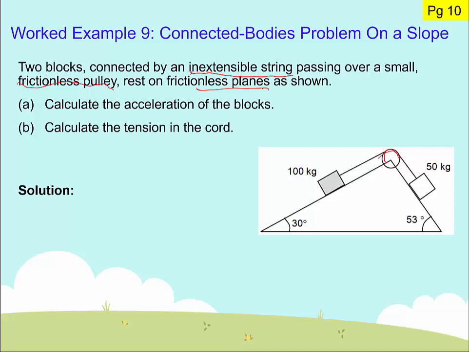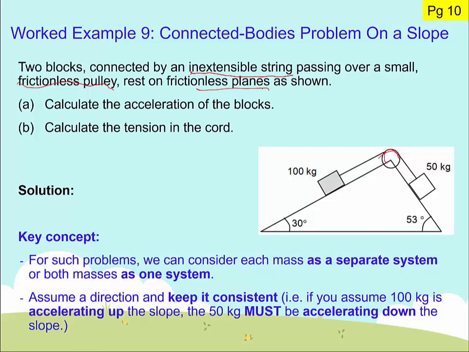Okay, what is the key concept in solving this kind of question? For these questions, we can consider each mass as a separate system, or you can consider the whole thing as one system. Okay, next is to assume a direction and keep it consistent. So I can assume that it is accelerating upwards here.